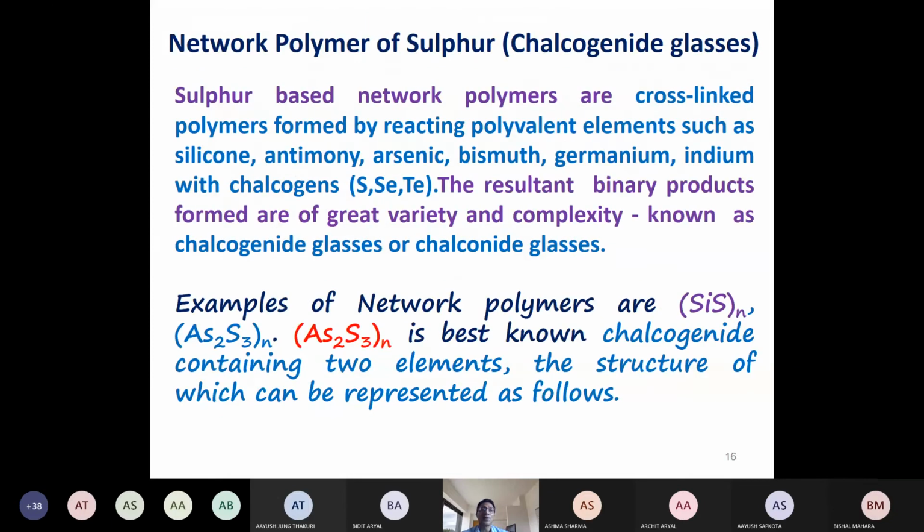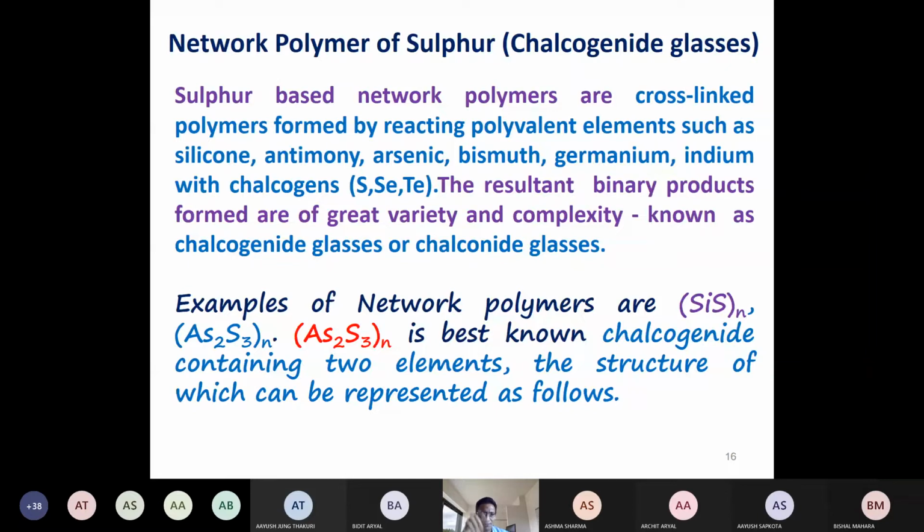And next is the network polymer. Such a type of polymer has a cross-linked arrangement, and here it is sulfur-based network polymer. Examples are chalcogenide glass and cross-linked polymers formed by reacting polyvalent elements such as silicon, antimony, arsenic, bismuth, germanium, indium with chalcogens. The chalcogens mean sulfur, selenium, and tellurium.